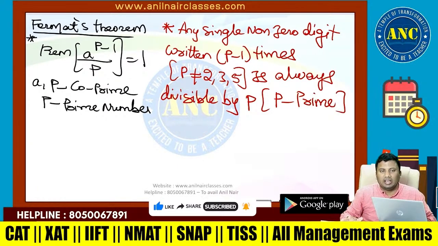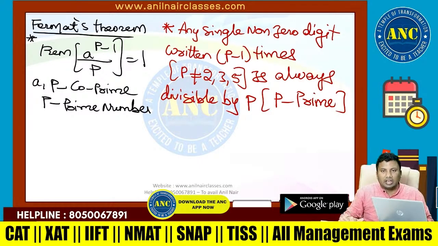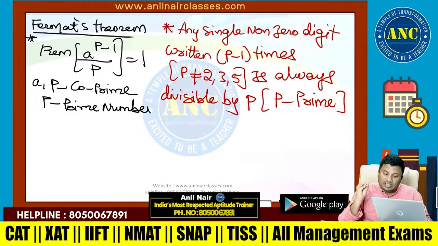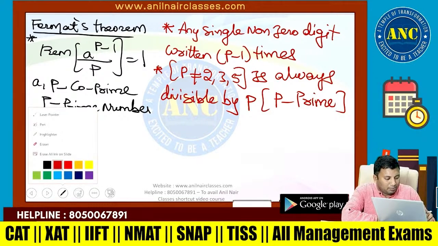You take any single non-zero digit. If a single non-zero digit is written p minus 1 times, p not equal to 2, 3 and 5, it is always divisible by p if p is a prime number.